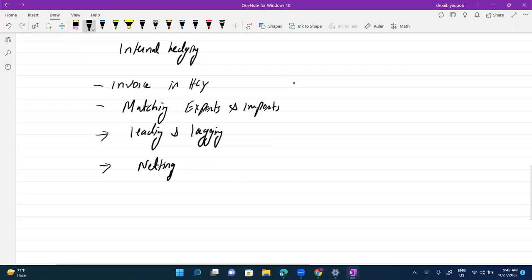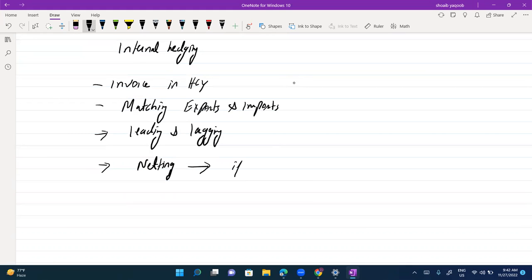Netting will only be possible if you have different subsidiaries in different countries.